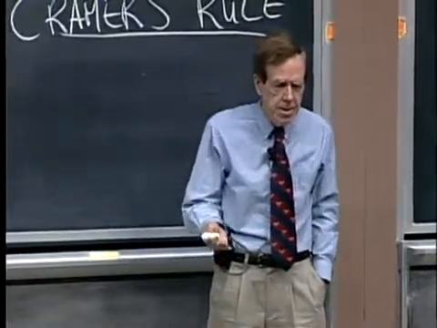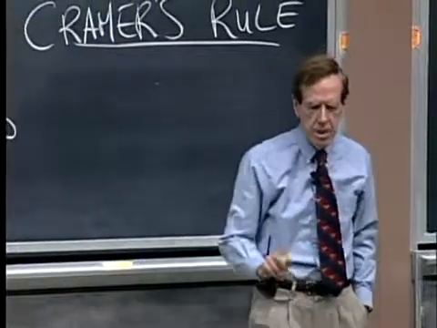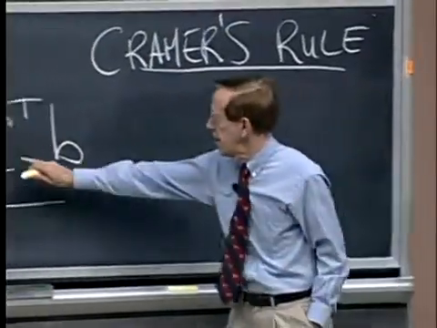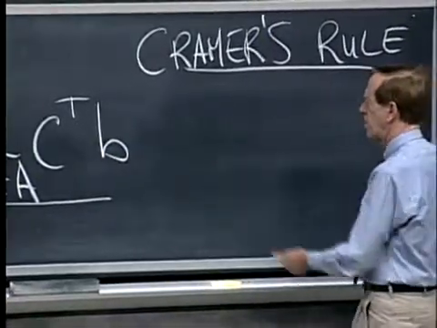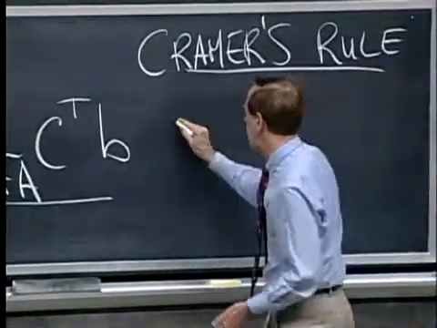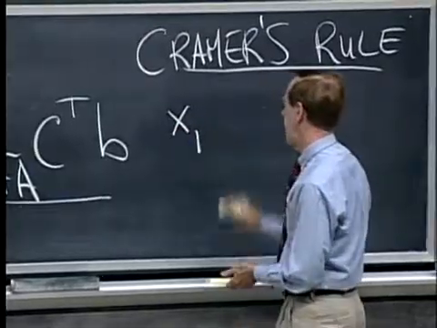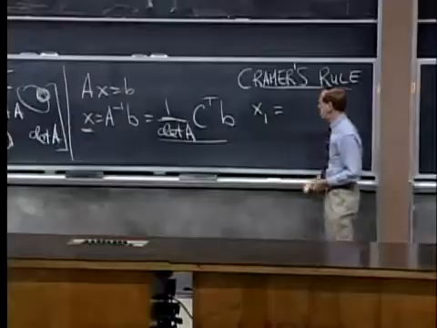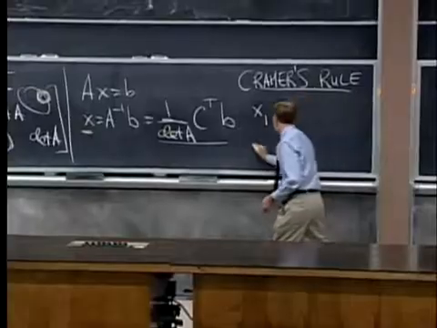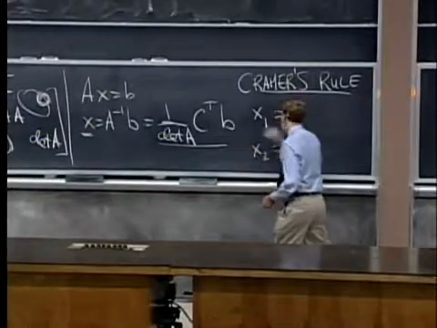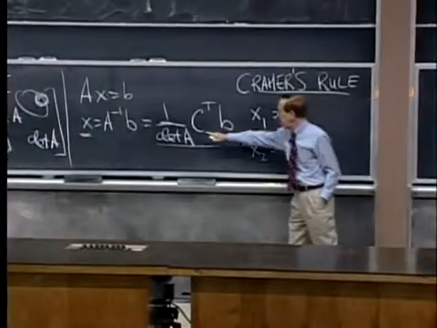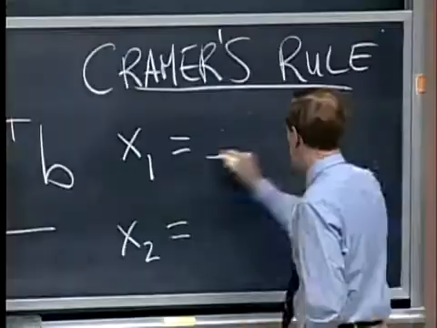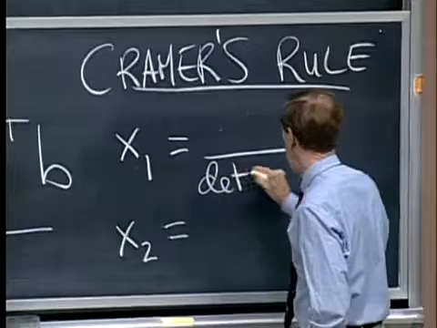I'm not surprised; there's a division by the determinant. But then I have to say a little more carefully what's going on up here. Let me tell you what Cramer's rule is. Let me take x1, the first component of the answer. Then there'll be a second component and all the other components. Can I take just the first component of this formula? Well, I certainly have determinant of A down under.